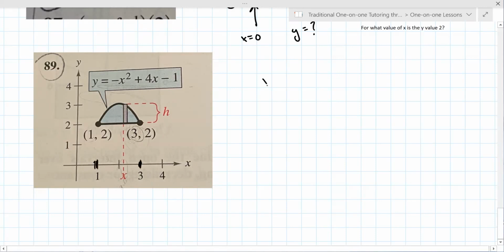When X is 1, Y is -1 squared plus 4 times 1 minus 1, from the function up here. That gives you the position there, and that equals 2. When X is 3, Y is 2. But anywhere in between, it's this right here, and that's what they're asking about.